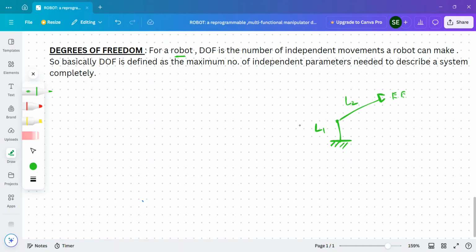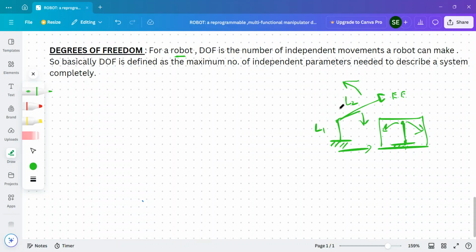So let us consider this link 1 only. I am redrawing this part. This is link 1 only. So this is a revolute joint and this is also a revolute joint. So this link can move only in one direction, either in this way or in this way. So it can move only in this plane. For that reason, this is called a planar manipulator. And similarly, link 2 can also rotate in this direction or in this direction.